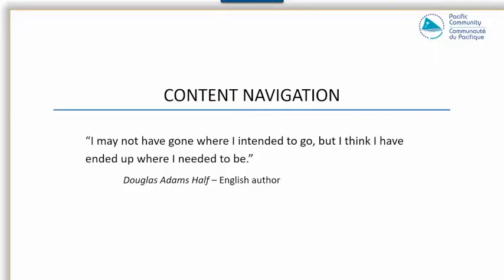Now, content navigation. We talked about tags and categories and pages. And I said before that we can use pages to create the structure of a website. The idea I gave before is that I create a page, and in that page I include the list of posts from a category.